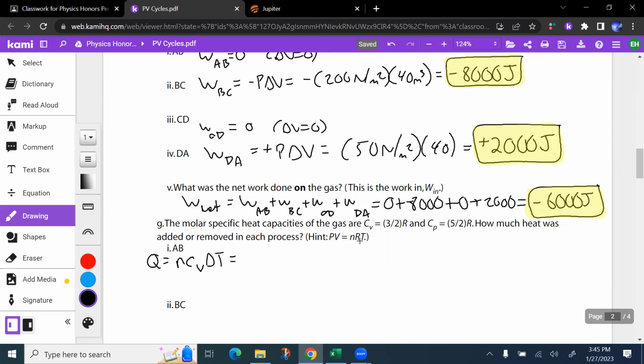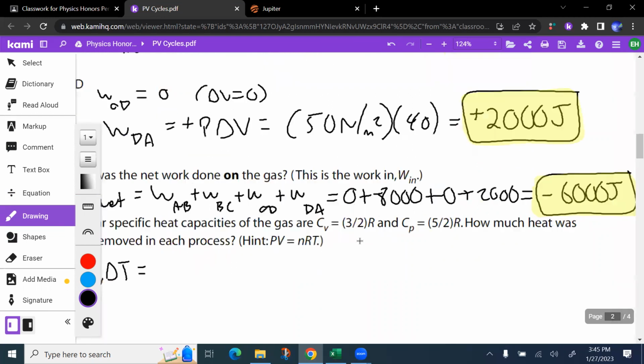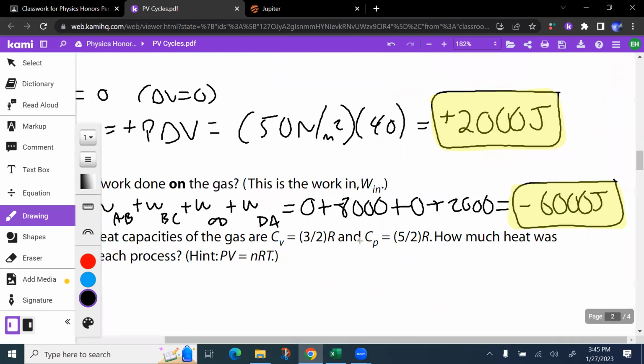So to find delta T, I take my ideal gas law equation, and I'm going to do it over here to the side so you can see, and solve for T. Solving for T, I get PV divided by nR, right? So T2 would be P2V2 over nR, and T1 would be P1V1 over nR.